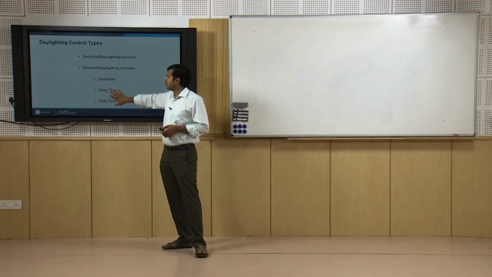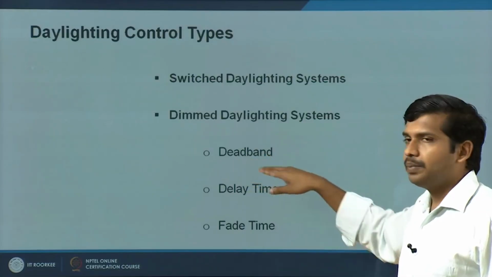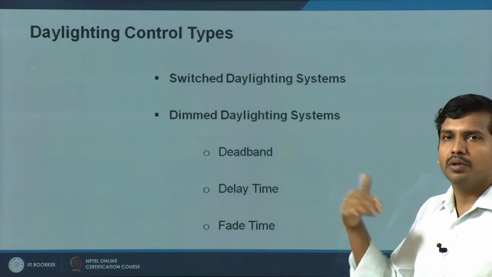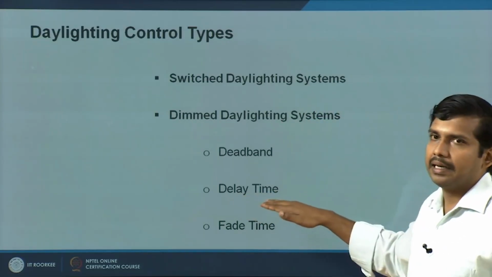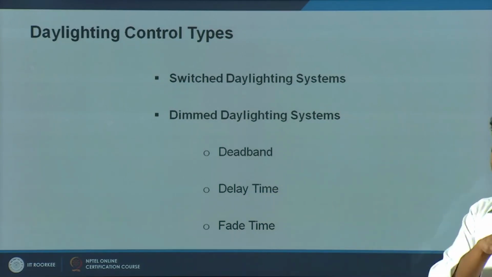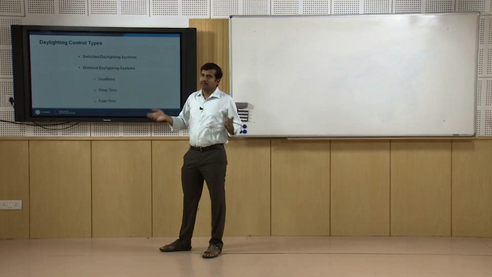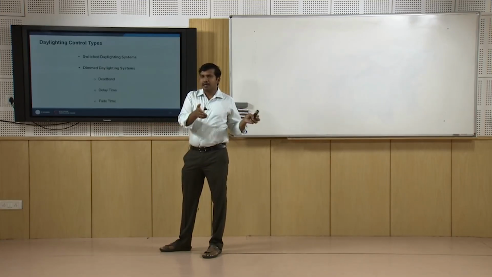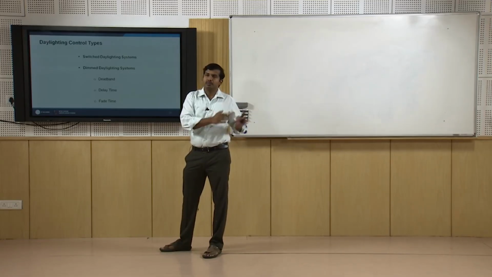There are three things associated which we have to understand. First is a dead band. It essentially represents a threshold beyond which or below which the actuation actually happens. Then there is a delay time. For example, there is a cloud passage, suddenly the sky gets dark for a moment and then reverts back to original. You are having 8000 to 10,000 lux, suddenly a dark cloud is passing by.